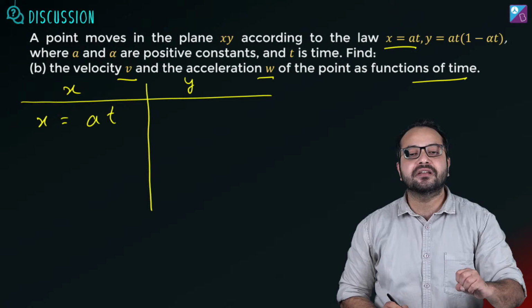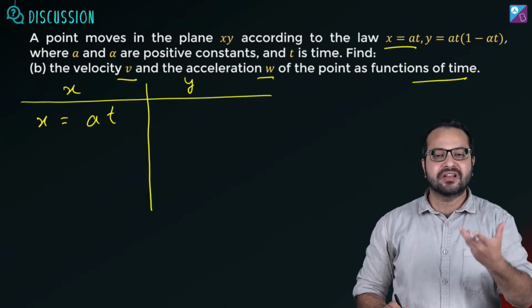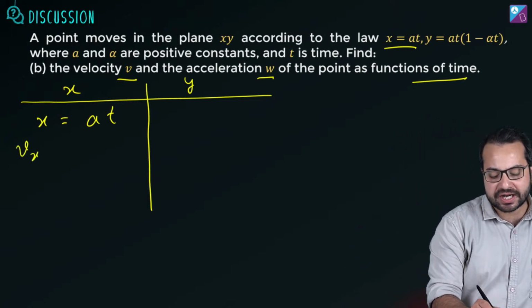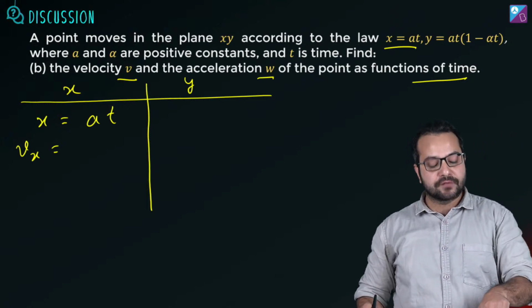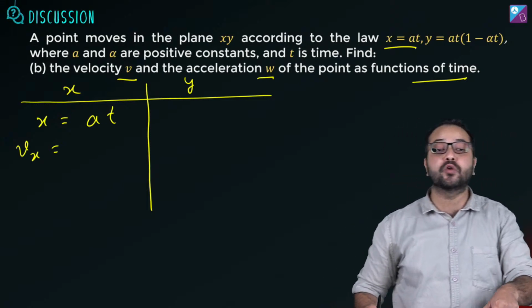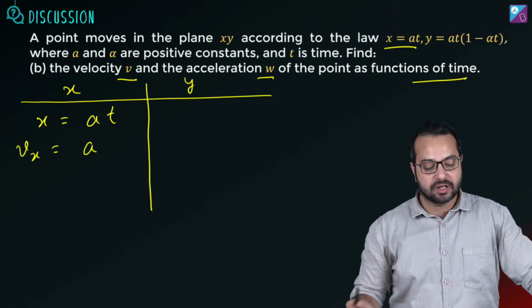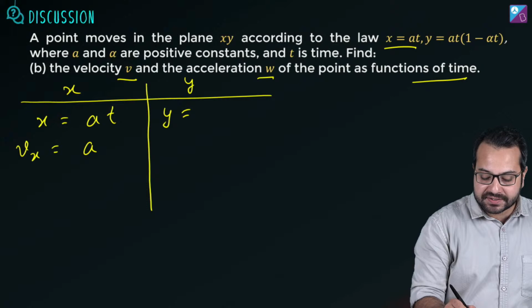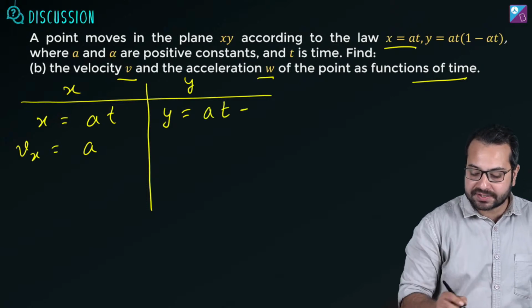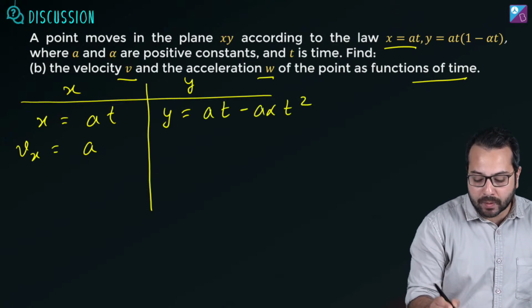How do we find the velocity in the x direction? Very simple. Differentiate it with respect to time. So Vx is going to be equal to a. What is y? y is equal to at minus a alpha t square.